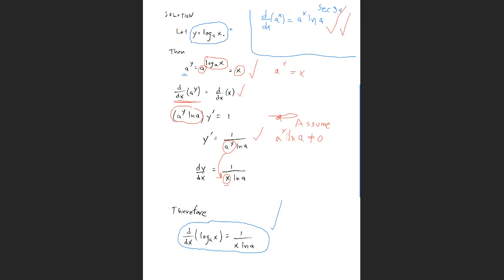Okay, all right. So, like for instance, let's say you wanted to find, let's say that you had y equals the log of 1 minus 3x to the base 2.